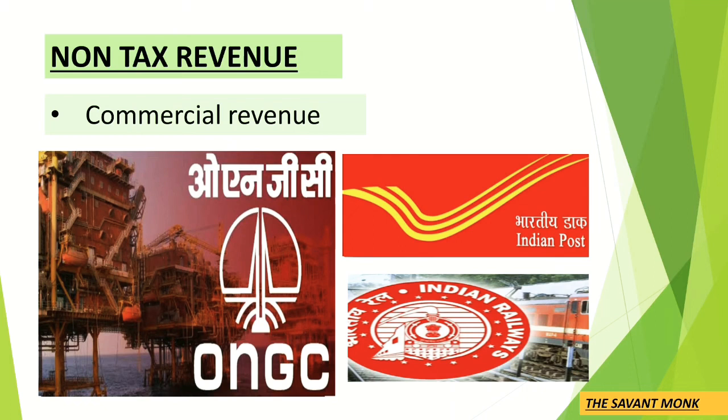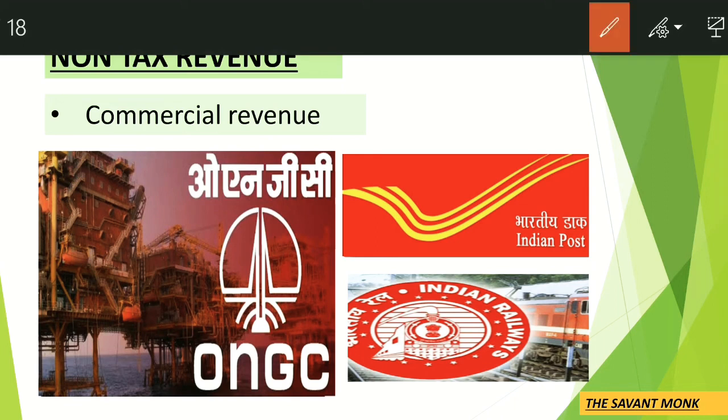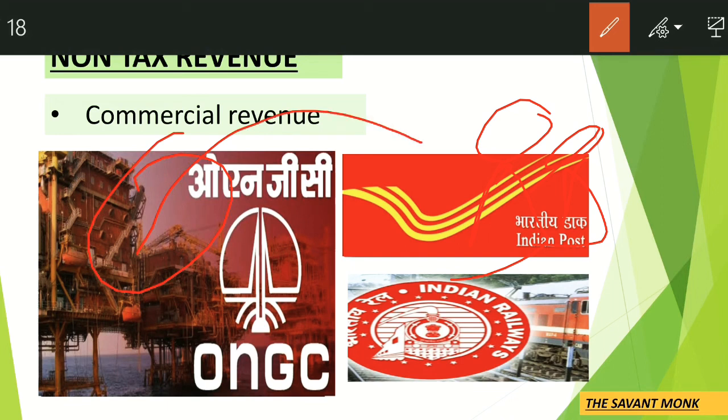The public enterprises sell products and services to the people and collect revenue in the form of price, interest, or dividend on government investment. All right, so here is the public and this is the government. The government is giving some services to the public. In return, the public is providing some money to the government, and that money is commercial revenue.